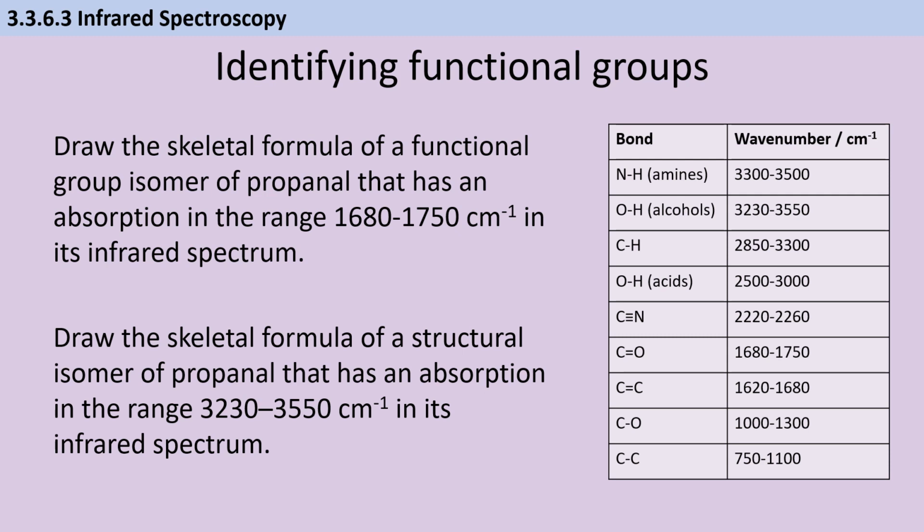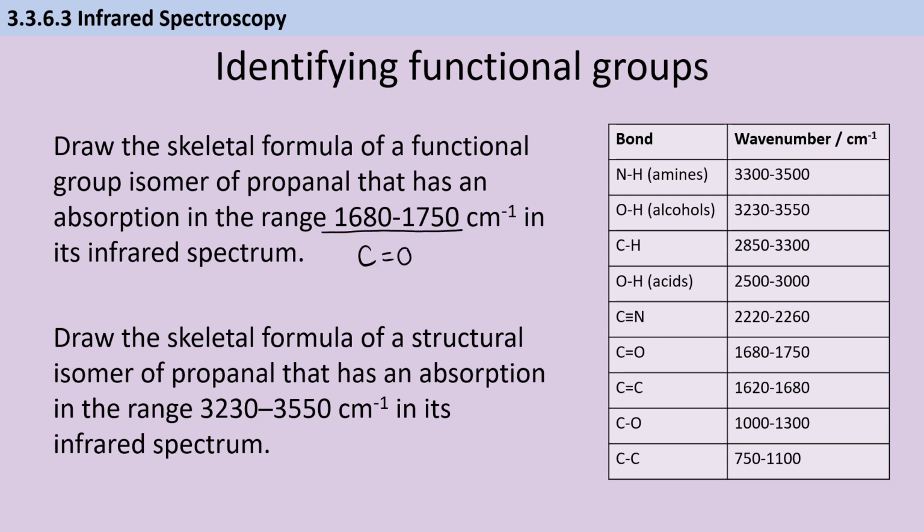They're assessing whether you can use the data sheet to identify which functional group these ranges of wave numbers refer to, but also whether you're able to identify isomers and whether you're able to draw skeletal formulae. So pause the video and have a go at answering the questions, and then unpause and I'll go through the answers.